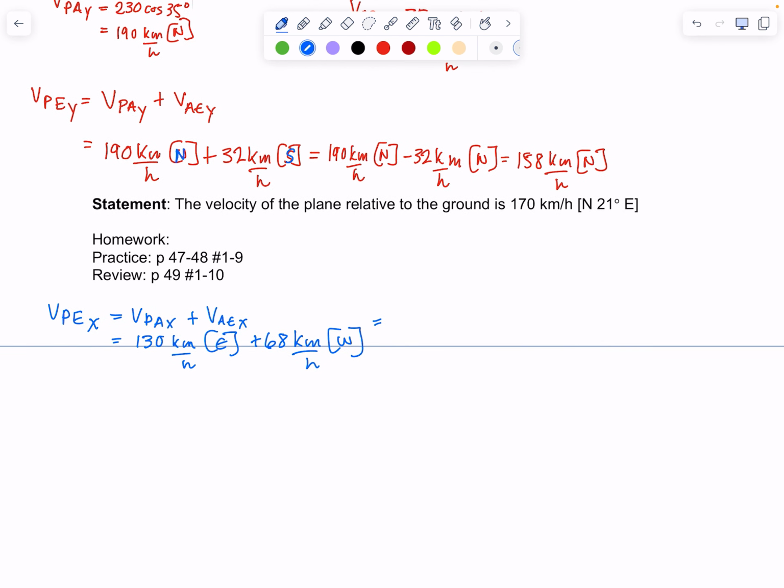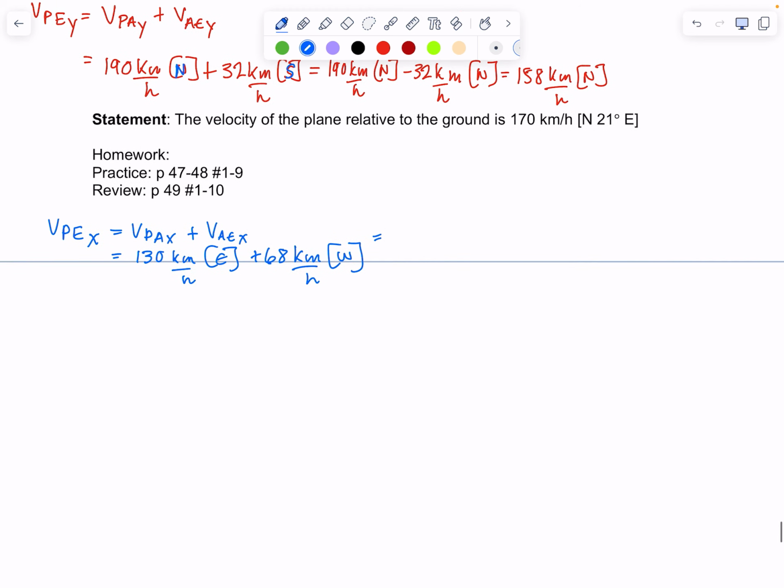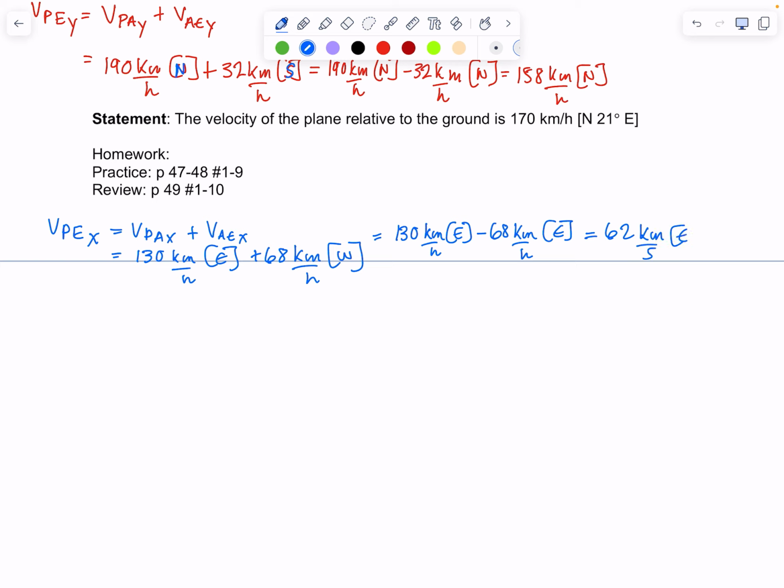These are in opposite directions. We can change the sign to flip the direction. This becomes 130 kilometers per hour east minus 68 kilometers per hour east. And we end up with 62 kilometers per hour east.